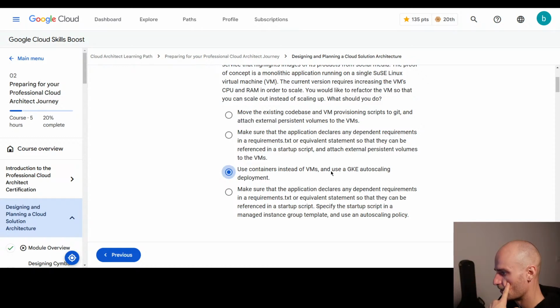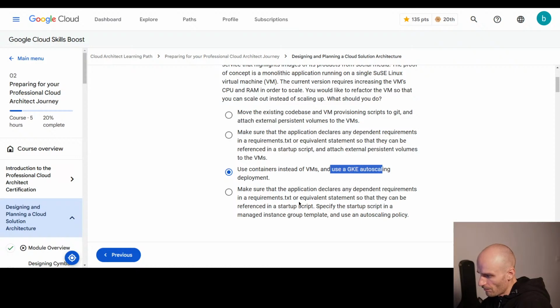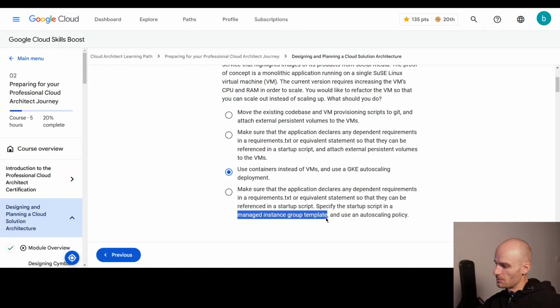And then you just throw this on a GKE cluster with autoscaling. Managed instance group template, I mean, this will also imply that I'm using VMs basically. This is the more coherent one.